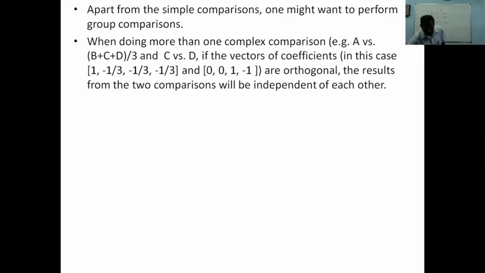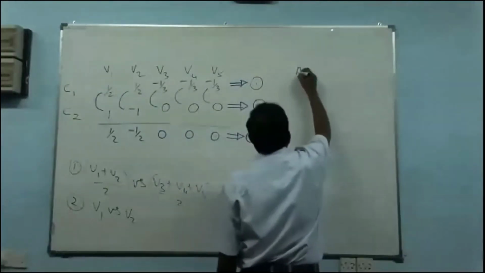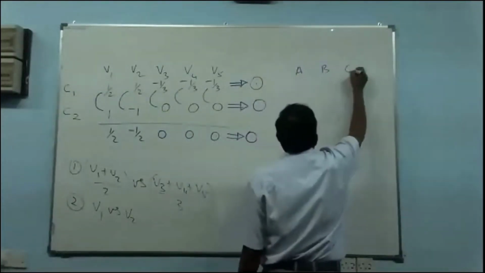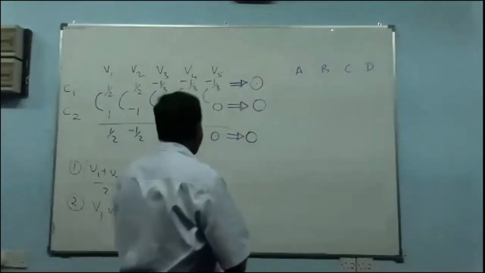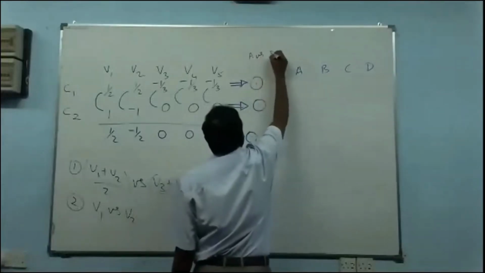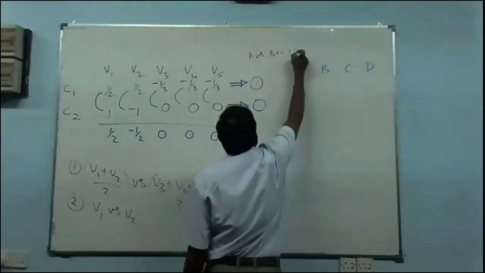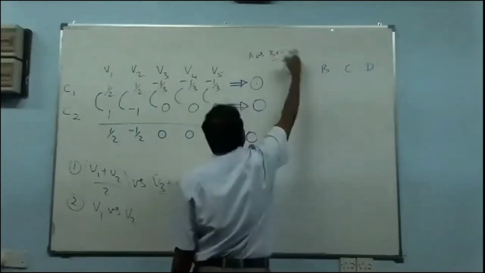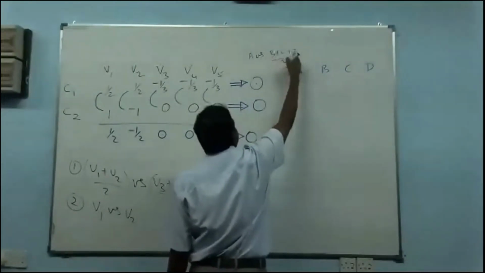Right, A versus B, C, D. I have 4 treatments, A, B, C, D. So my question is A versus B, C, D. When you take the average of that, you have to divide by 3 because we are adding 3 components.